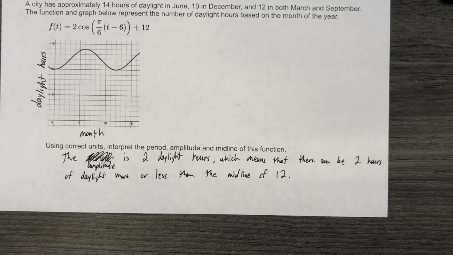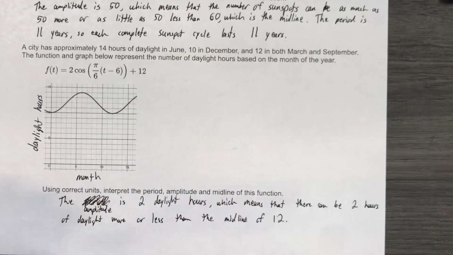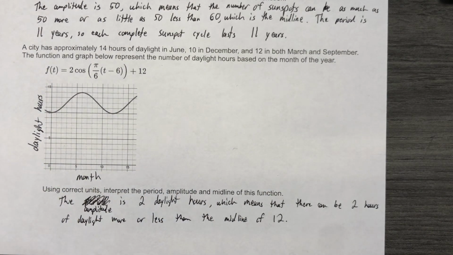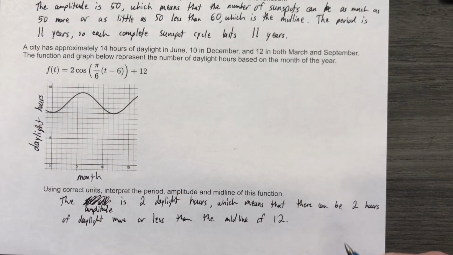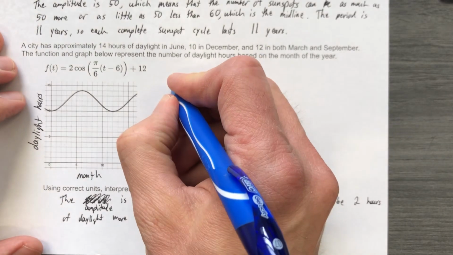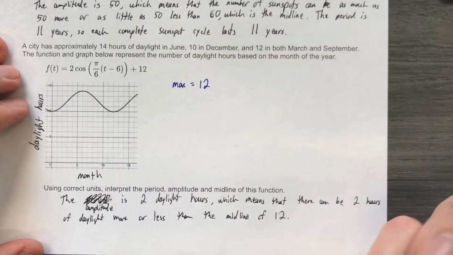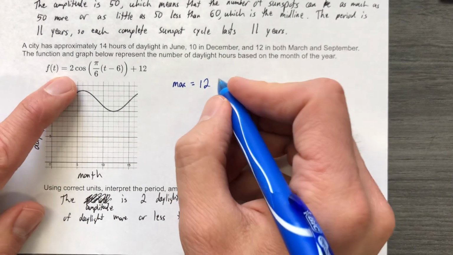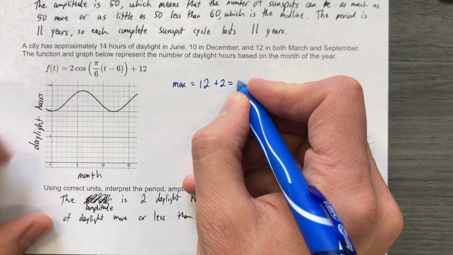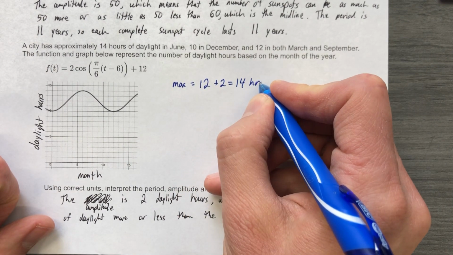Okay, so we're going to, again, pretend like we don't have any of these numbers here. So if they ever ask you, and they will, hey, what's the maximum? Hey, what's the minimum? And that type of thing, then without this information, here's easily how you would find it. So the maximum number of daylight hours is going to be your midline, and then you would go up to, because that is your amplitude, so 14 hours.